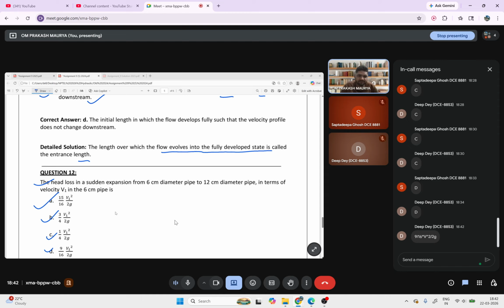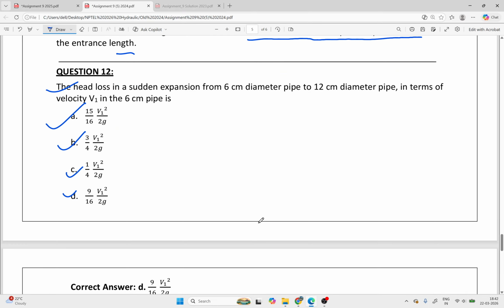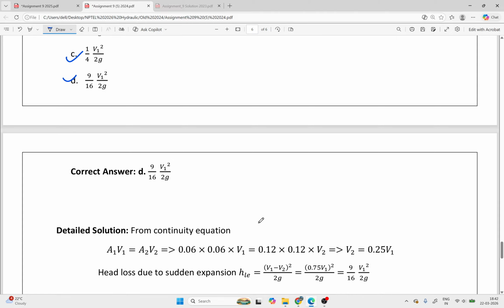Okay, so 9 by 16 v square by 2g, you are telling option D. Okay, so let me just show you. Here the formula is for sudden loss.